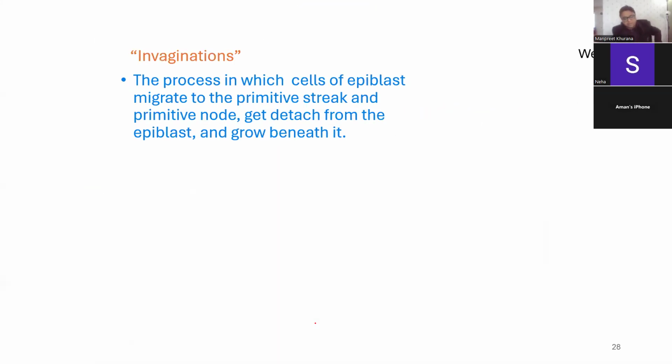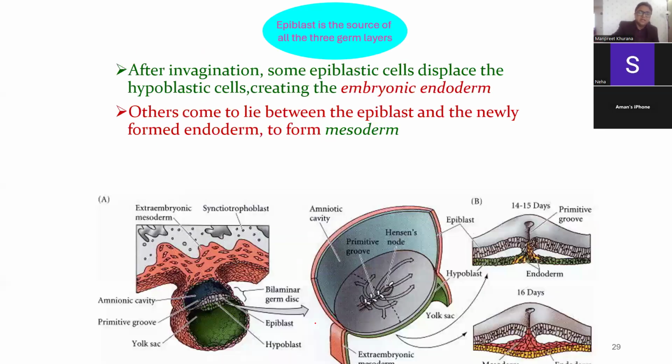Now the next process is known as invagination. Let's understand how the three germ layers are formed. A very important question that is asked is the source of the three germ layers. Neha or Aman, can anybody tell me what is the source of the three germ layers? Epiblast. Yes, this is the epiblast, the outer layer.